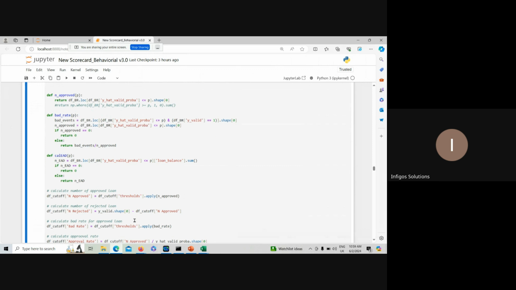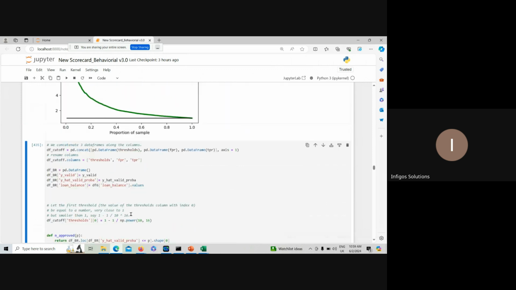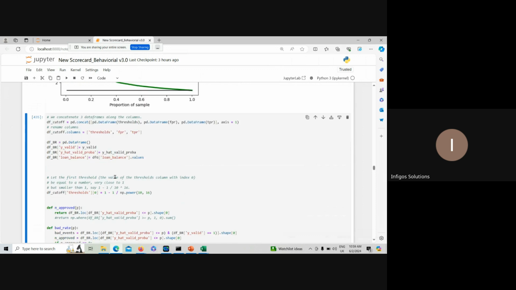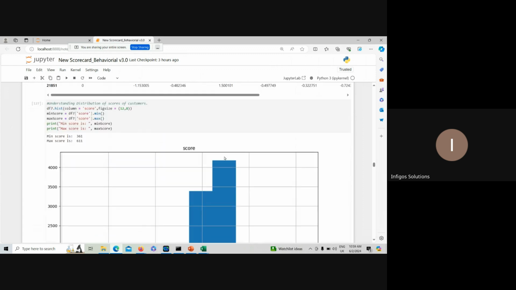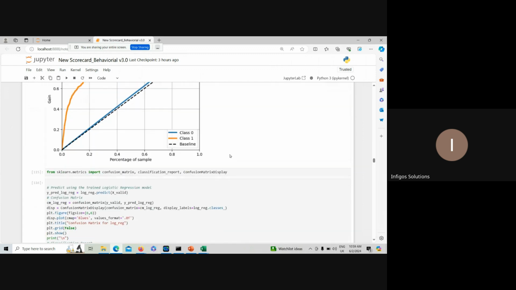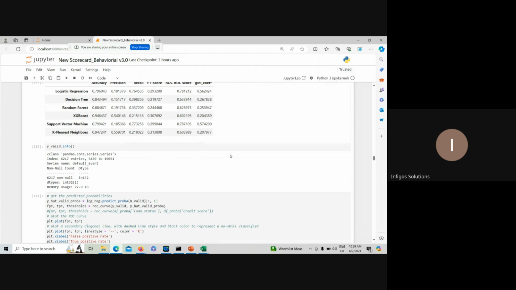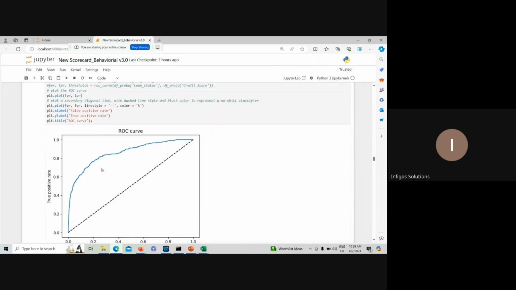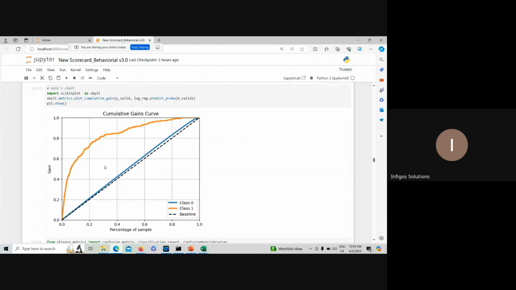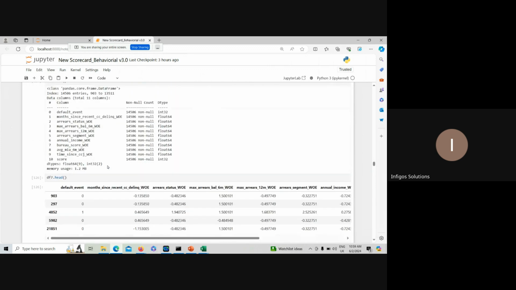And this is how, let me get into this particular piece of code which we used for calculation of cutoff. We have taken this threshold, FPR, TPR from the ROC, and then we have used it here.